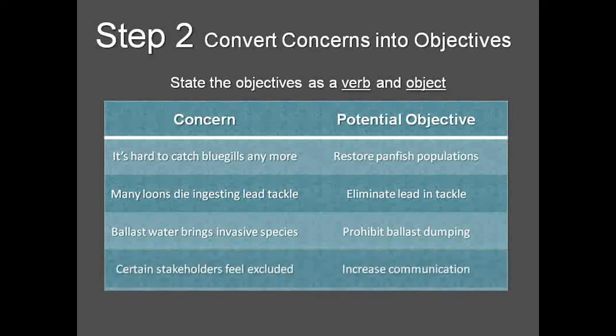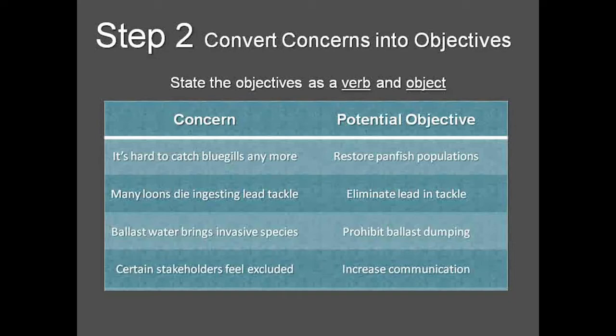Certain stakeholders feel excluded. That might be a statement of a concern that you've got in a particular problem. What's the objective there? The objective might be to increase communication, or it might be to involve stakeholders in the decision making. You'd have to think about what the objective is you're trying to achieve there, whether it's a participatory thing or just a communication objective.